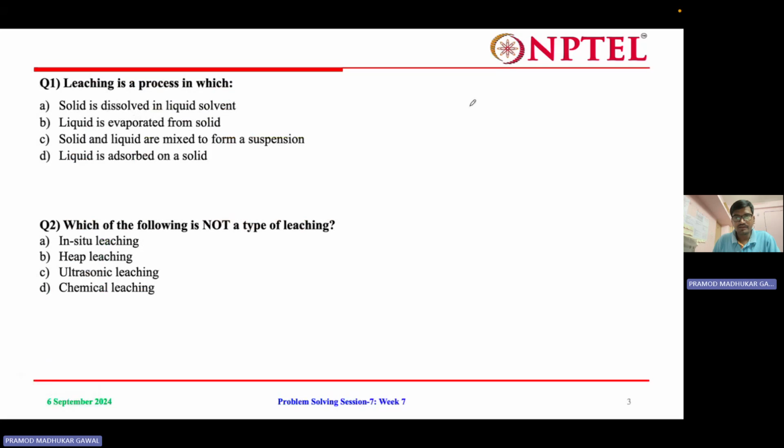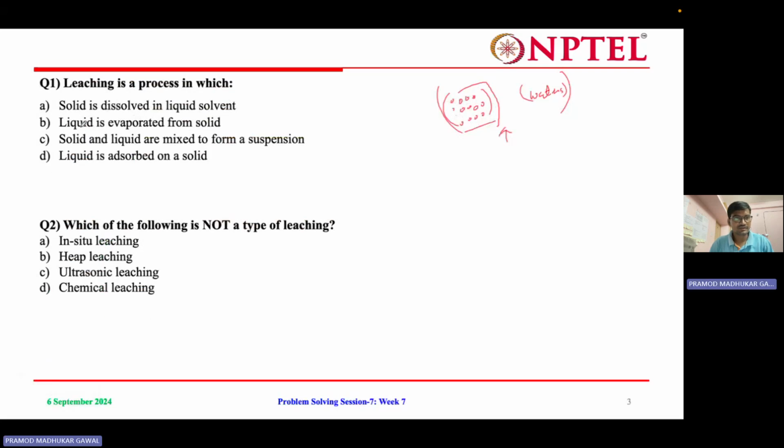For example, tea powder: a solute is present that helps to make tea, right? Here we use water as a solvent, and with the help of heating it increases the solubility of the solute in the solvent, right? So this is called the leaching process.